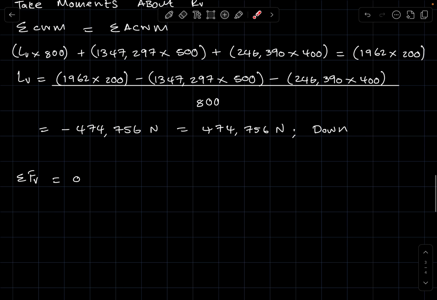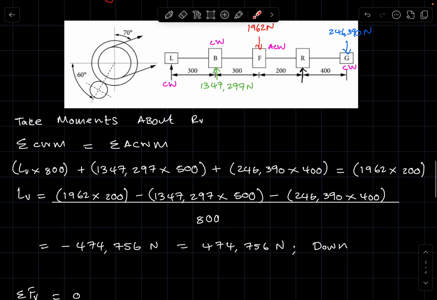Just take note that initially you always assume that the reactions at the bearings are headed in a positive direction, and then your calculations will confirm whether the reactions are headed in the positive direction or the negative one.